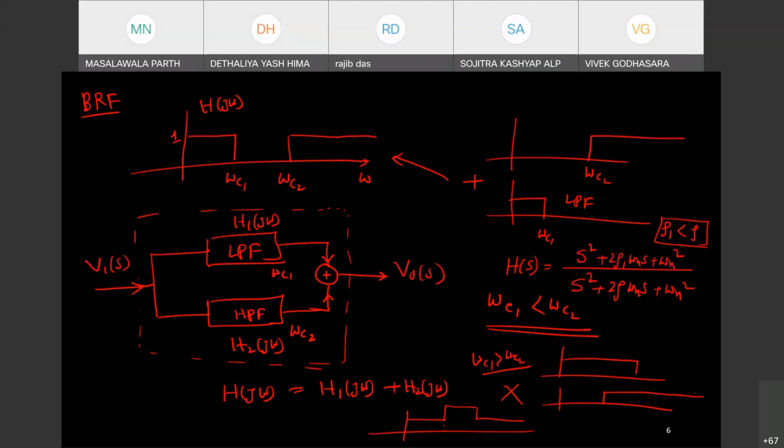This is the condition. If you maintain it, then you will get a band reject filter. Both numerator and denominator will be second order polynomials. In particular, if I consider zeta 1 equal to 0, then H of s looks like this, with numerator simply s squared plus omega n squared.